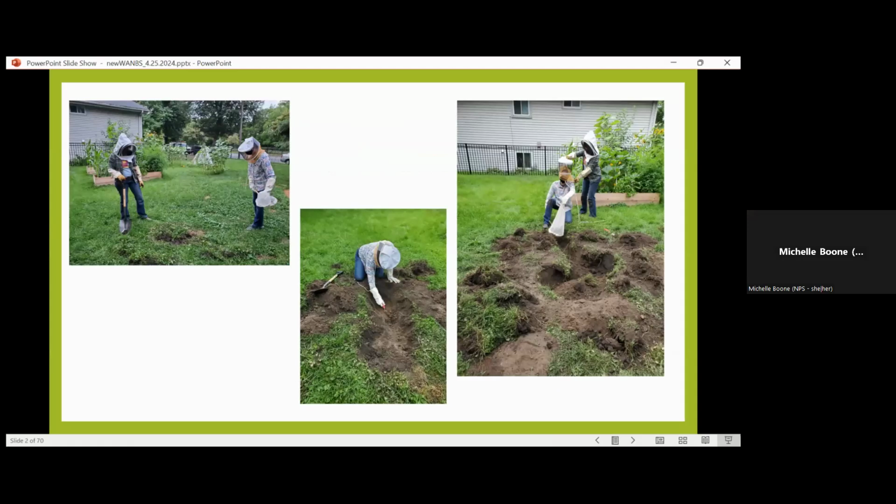The question was, where would those rusty patch bumblebees be nesting in this residential area? I did my PhD dissertation work, which I'm going to share today, in Minnesota, and I focused on rusty patch bumblebee. While I was there, I had the opportunity to engage in some nest removals and some nest studies.